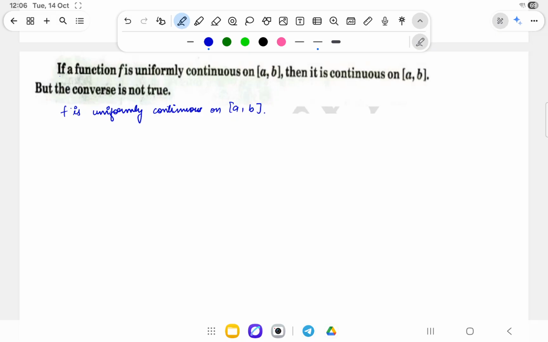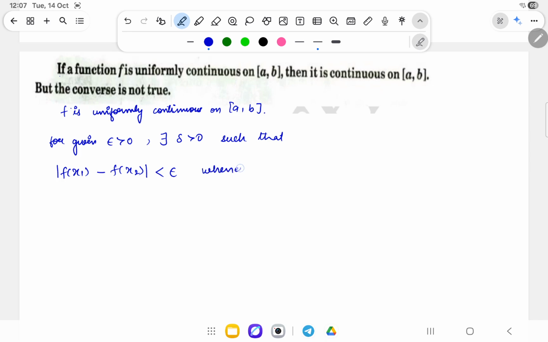Now, by the definition of uniform continuity, for given epsilon greater than 0, there exists delta greater than 0 such that mod of f(x1) minus f(x2) is less than epsilon whenever mod of x1 minus x2 is less than delta, and these x1, x2 belong to the interval [a, b].